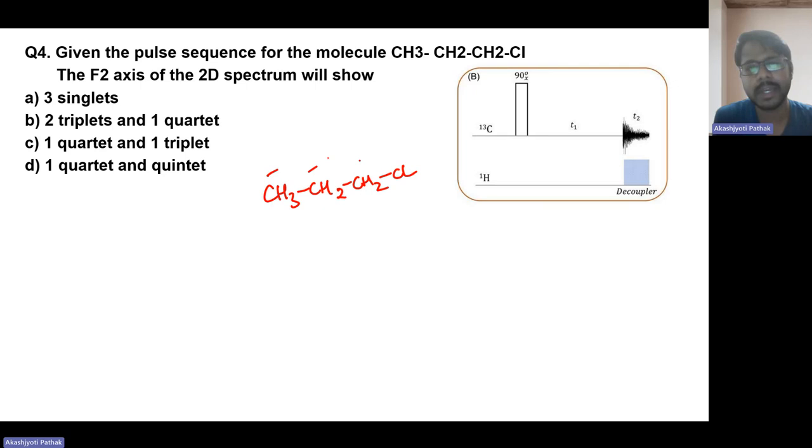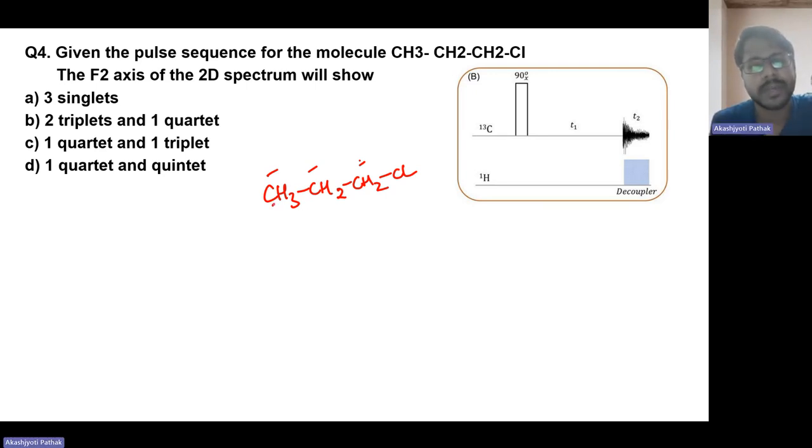So all these three protons are in different chemical environments, so they will have different peaks. They will have their own magnetization, and when an external magnetic field is applied, they will show peaks at different positions, different frequencies in the NMR spectra, right?